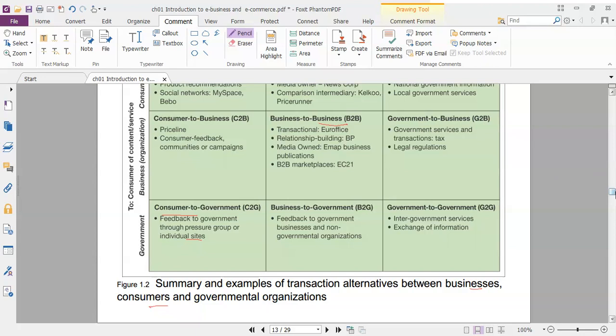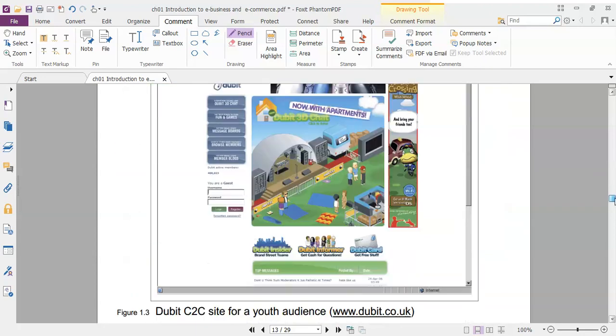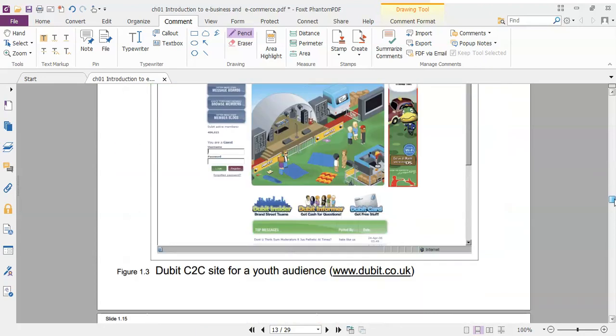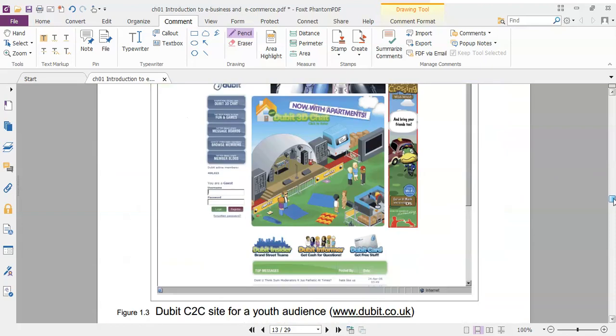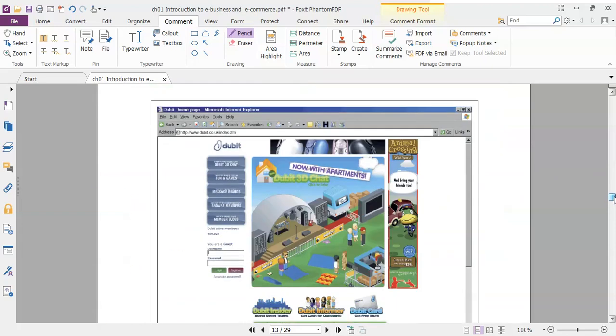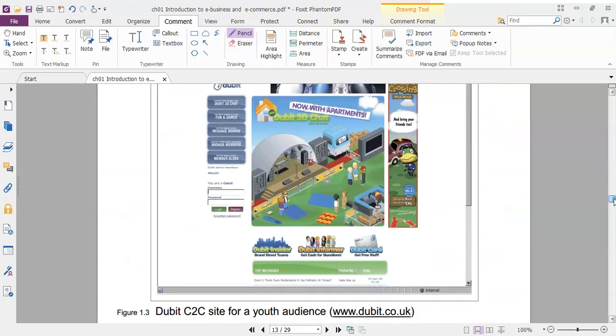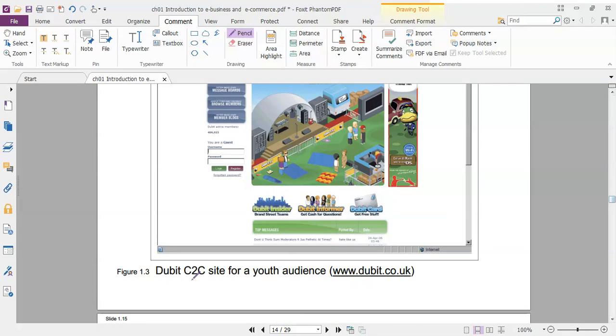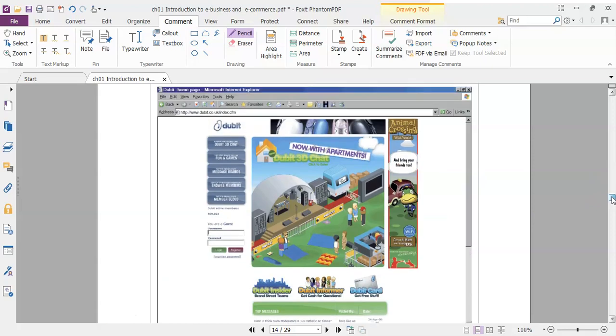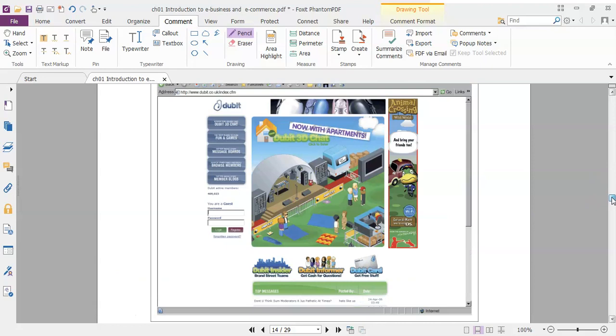This figure here is an example of consumer to consumer, for youth audience. This is a slide from the UK. The example is the Dabit website.